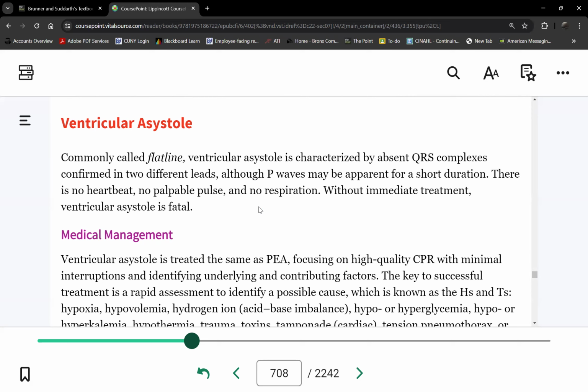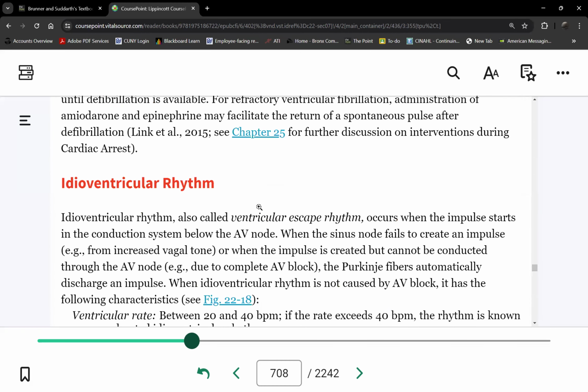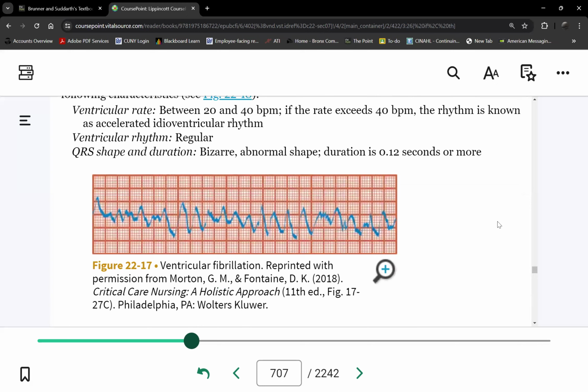We don't shock asystole because there is nothing to shock. So what's the purpose of a shock? You want to convert the rhythm, right? Let's say it's VTAC or VFib like this. You want to jumpstart the heart.